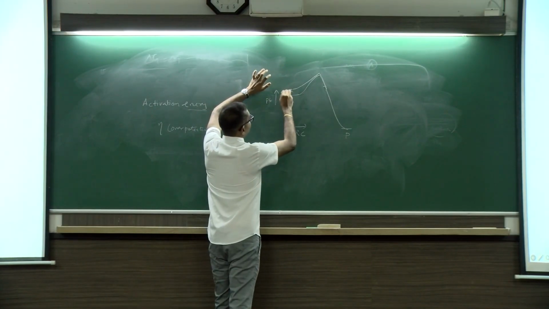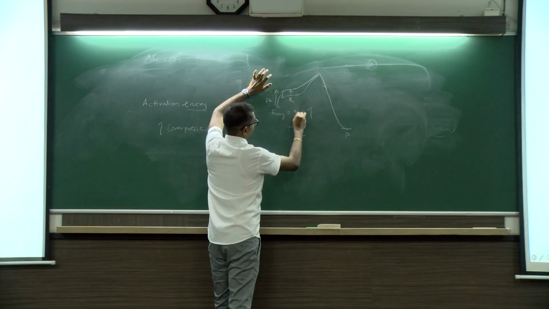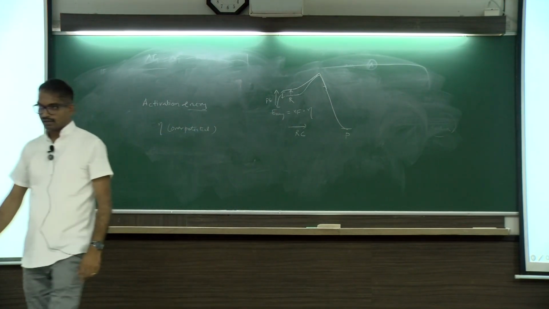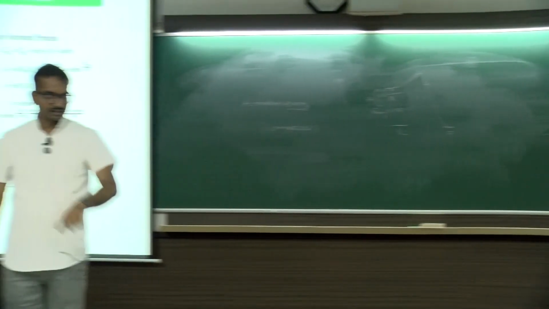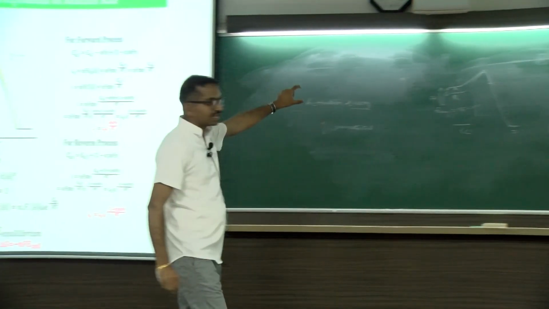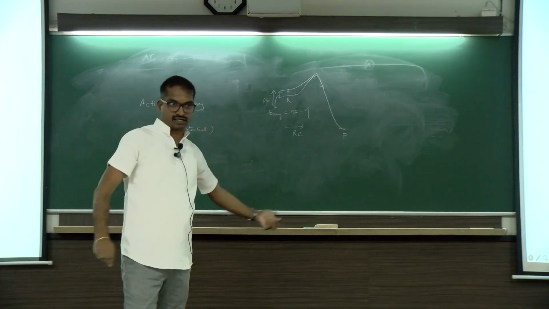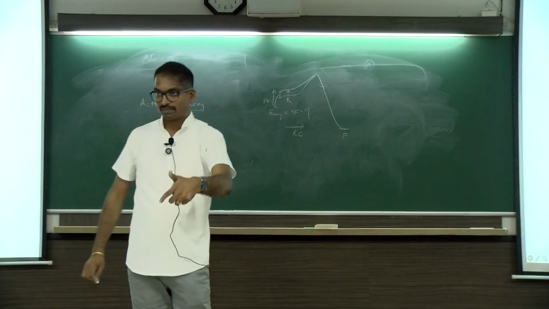If I convert this difference in energy, our potential is in the unit of volt, multiplied by n and F, charge into voltage, that is energy, correct? So I can represent this excess energy I spent in terms of overpotential, because I know what is n, what is F. So I just multiply by that.